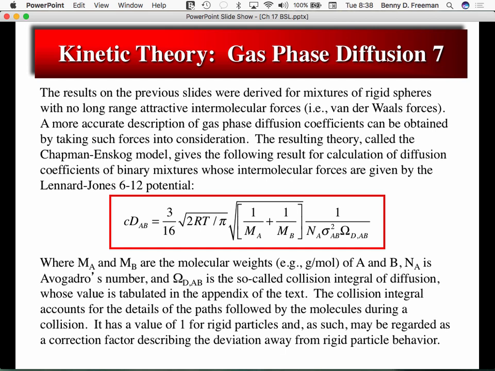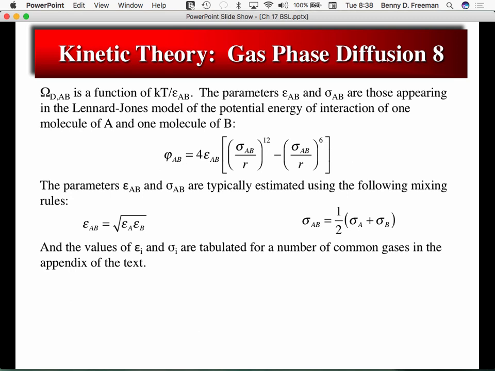And omega here is a so-called collision integral, and values of this are tabulated in the appendix of the text. It has a value of 1 for rigid particles, and it's essentially a correction factor describing how far molecules deviate from being perfectly rigid. The collision integral is a function of kT over the Lennard-Jones well depth parameter epsilon, and those parameters, epsilon and sigma, in the Lennard-Jones model are calculated as shown here.